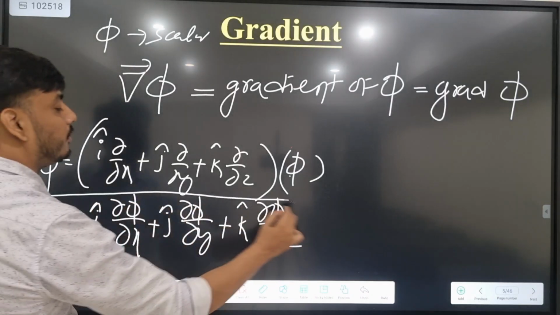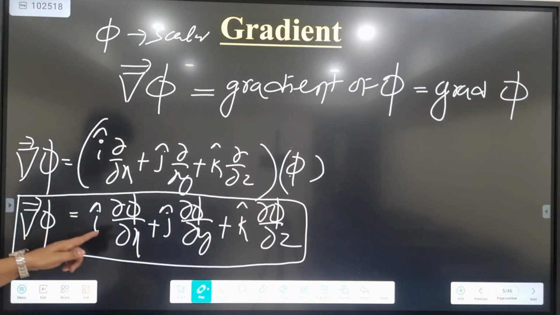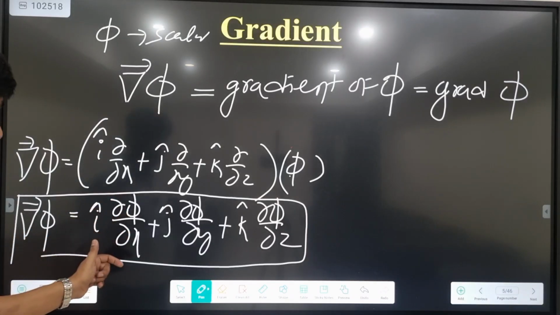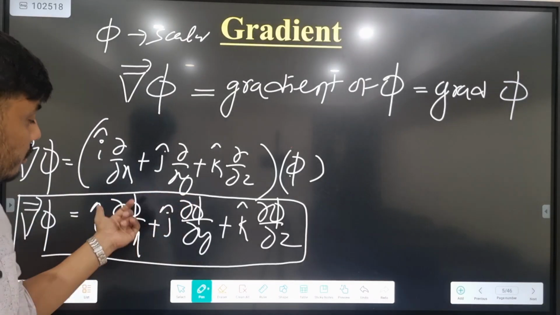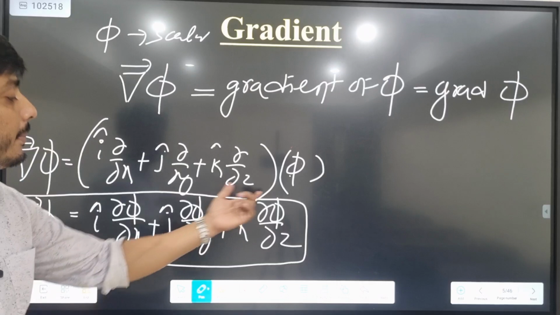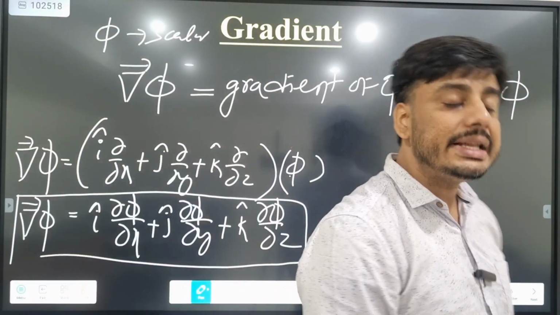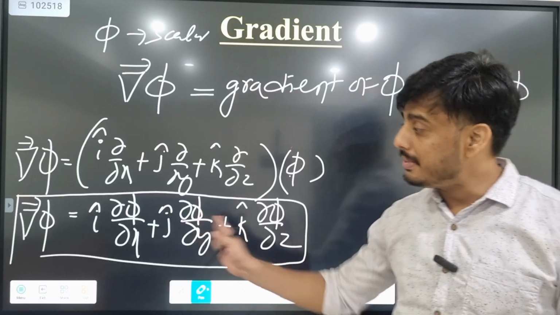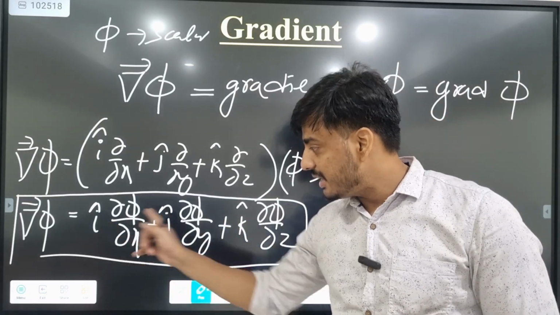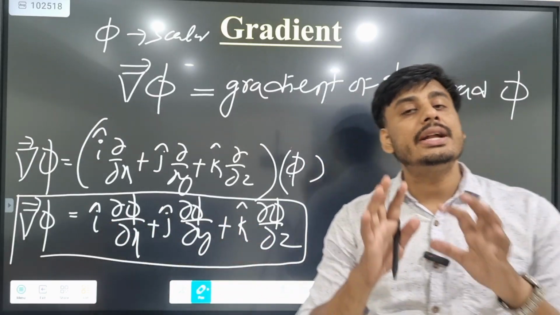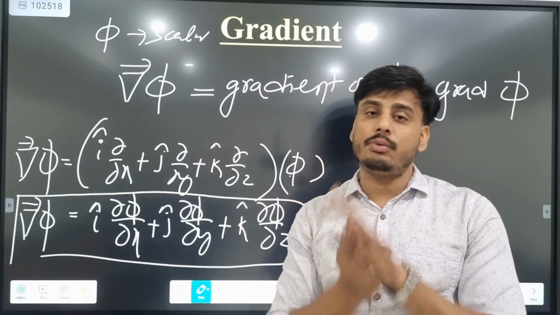So gradient of phi is nothing but i cap partial derivative of phi with respect to x, j cap partial derivative with respect to y, k cap partial derivative with respect to z. And gradient of any scalar quantity is always a vector quantity, because you can see i cap, j cap, k cap is there. So gradient is always a vector quantity.